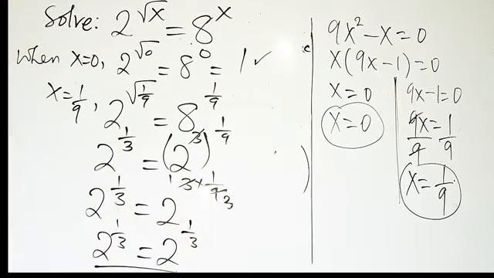So you can see that we have the two sides equal. Therefore, that is a check. So it shows that we have the two solutions to be x equals 0 and x equals 1 over 9.